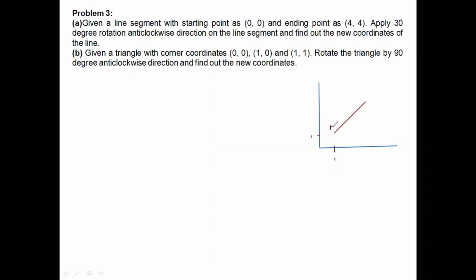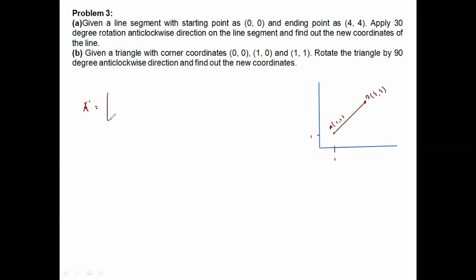So the new point A is given with 1 comma 1, and B is given with 4 comma 4. Now when we calculate the points, according to the principle, when the object is not placed at the origin, the translation should also take place when we are performing rotation. So again let's calculate the A dash.